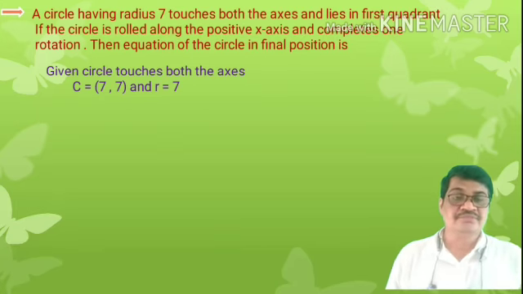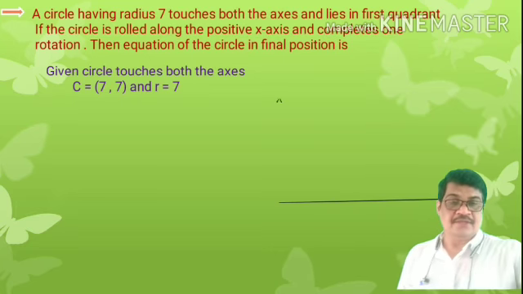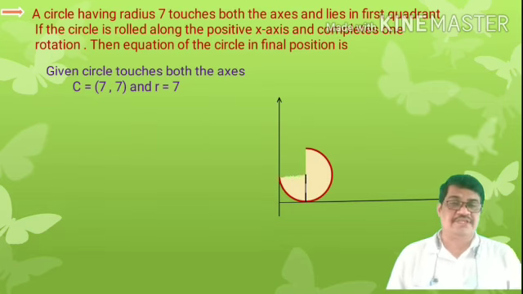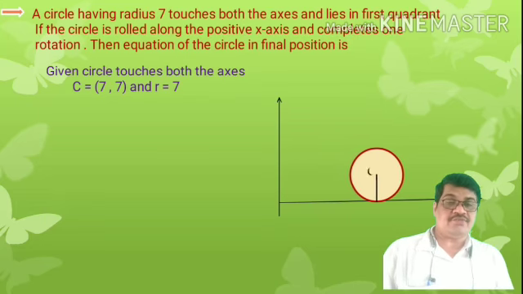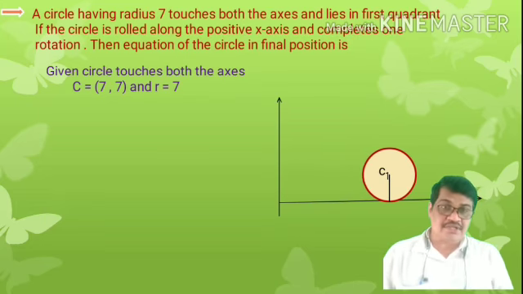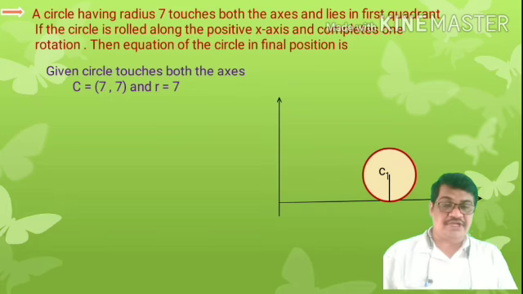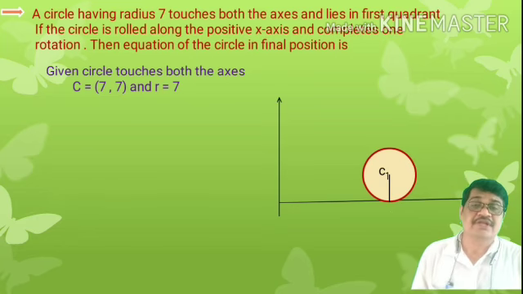Now see the diagram. This is the x-axis and y-axis. This circle touches both the x-axis and y-axis. This circle rotates on the x-axis for one complete rotation. After that, what is the equation of the circle in its final position? That is our problem. Now we have to find this circle equation.